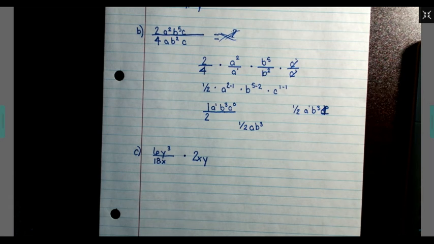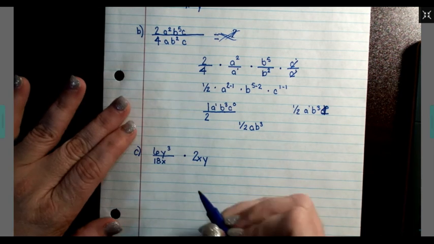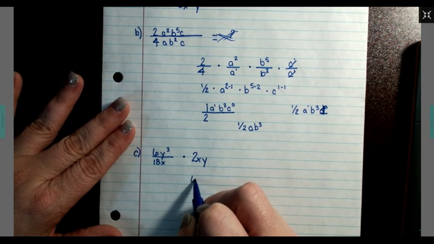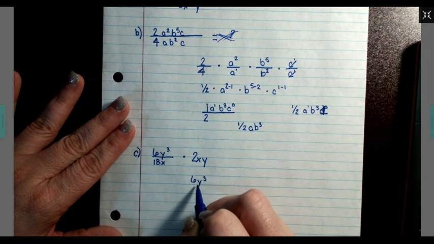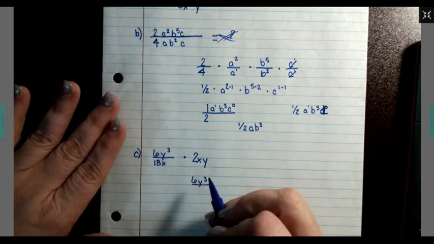Okay. The first thing I think I'm going to do, just to kind of keep myself here, is to make these two separate fractions. And to make this second part a fraction, I would just do divided by 1. So I'm going to first do that so I can kind of deal with that mess in itself.